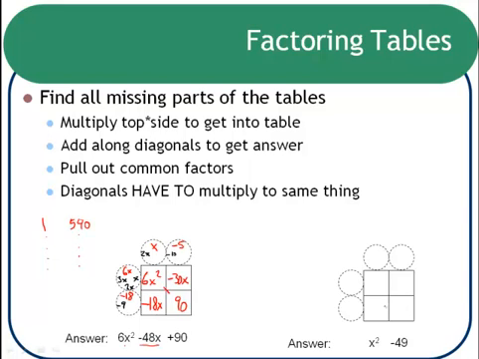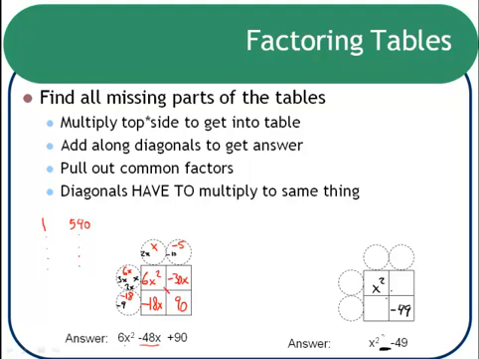The last example is kind of an easy one, except for there's this trick. There's no x's, so that makes it confusing at first. I can put in my x squared here, and I can put in minus 49 there, and to continue, I got to find 2 terms that multiply to negative 49, and they have to cancel themselves out.